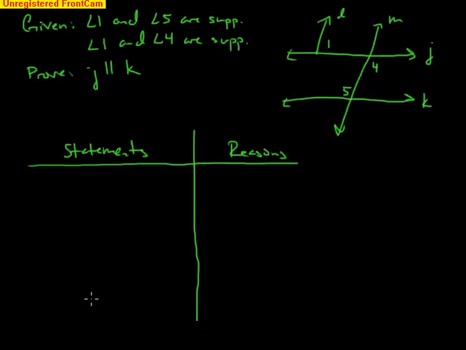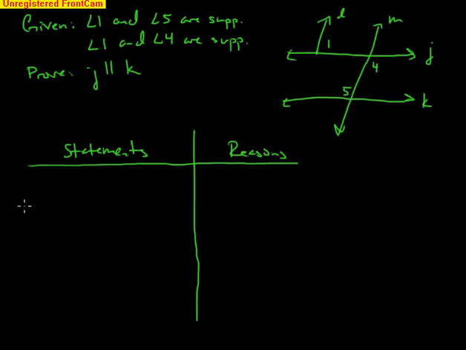Okay, so let me create a problem and then we'll move on. Okay, so here's the problem. Here's the proof setup. I would say you should give yourself a chance to write it down and then listen to me talk. But I'm going to move on. It says angle 1 and angle 5 are supplementary. Angle 1 and angle 4 are supplementary. You need to prove that lines J and K are parallel. Alright? So you always start with the given.